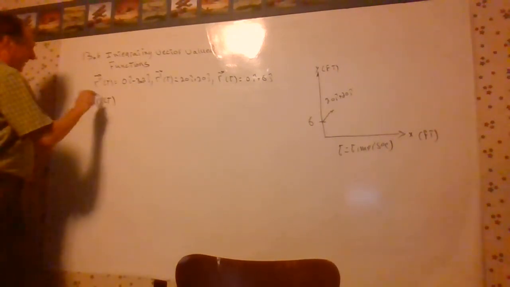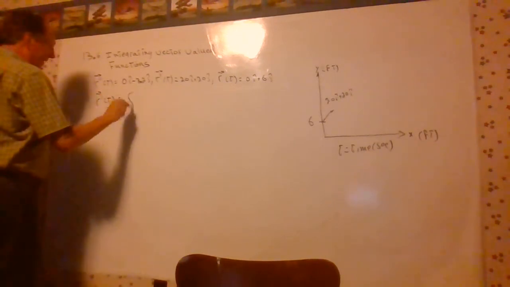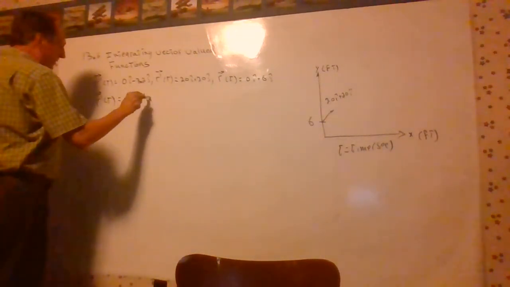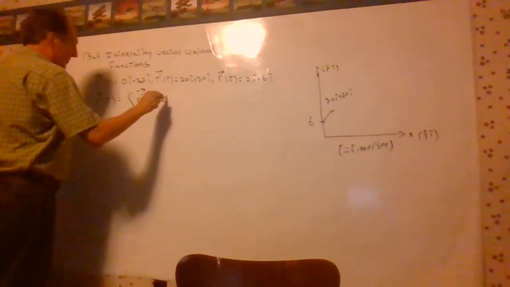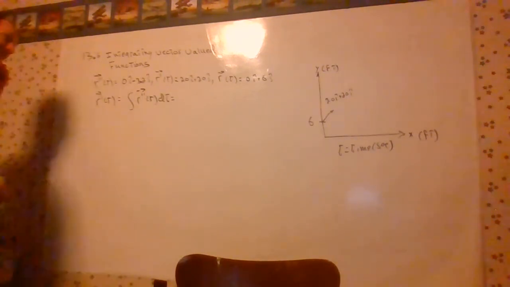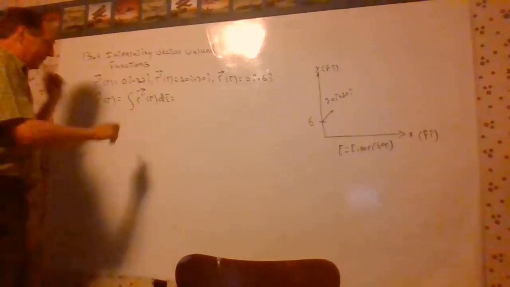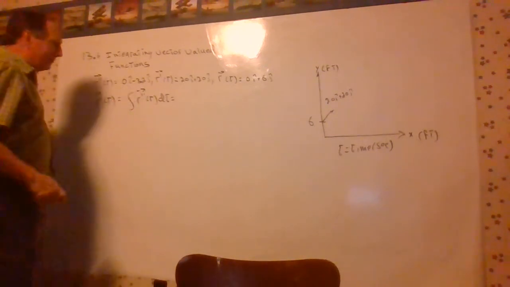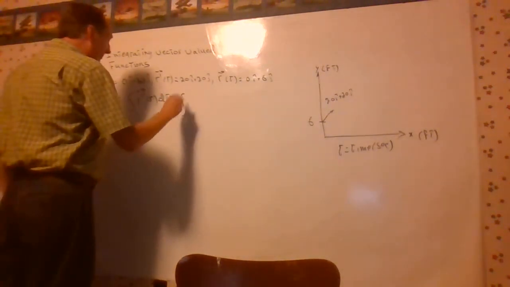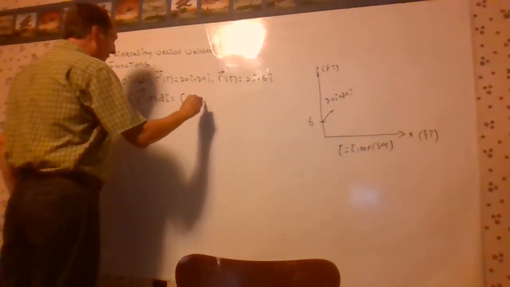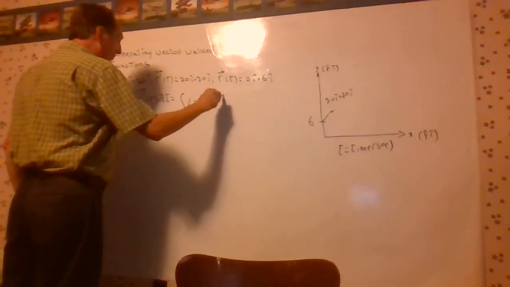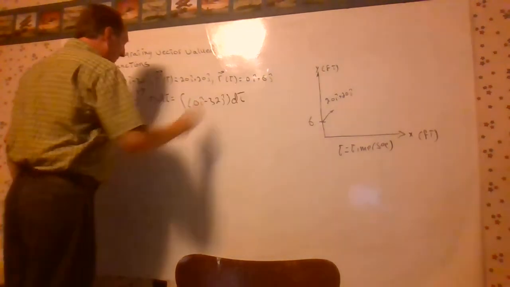r prime of t is equal to the antiderivative of r double prime of t dt. And the antiderivative cancels out one of the primes. And so we have the integral of 0i minus 32j dt.